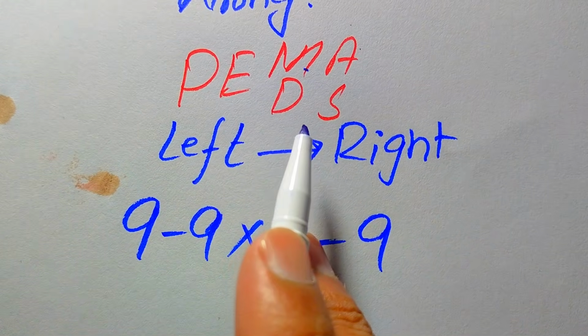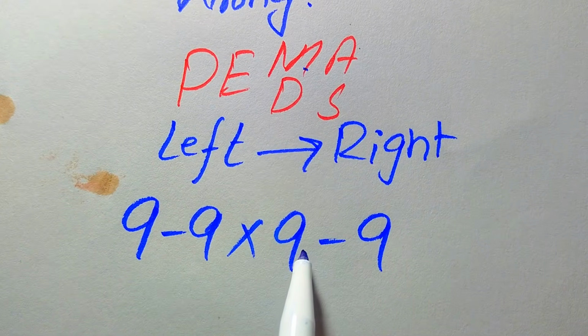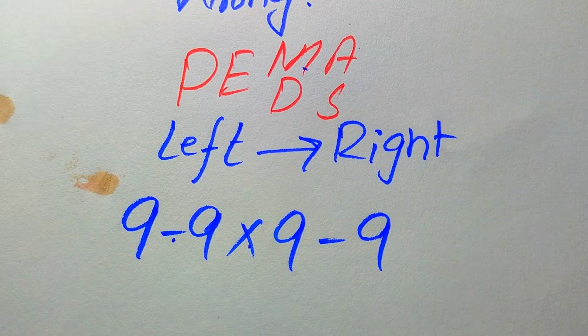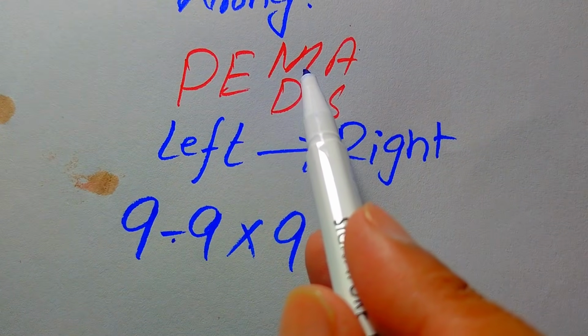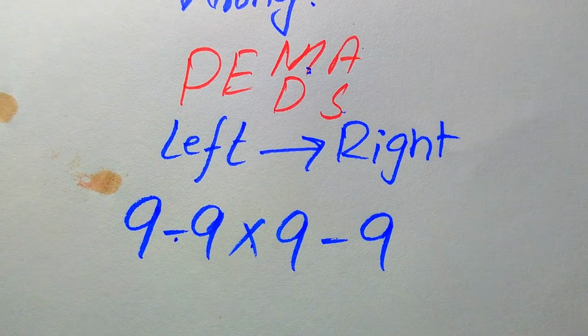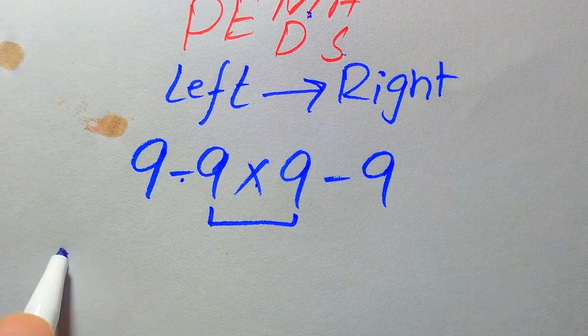So according to this PEMDAS rule, you see here we have two operations used in this expression: subtraction and multiplication. From this rule, we give the first priority to multiplication and the last priority to subtraction. It means that we first solve these two terms.